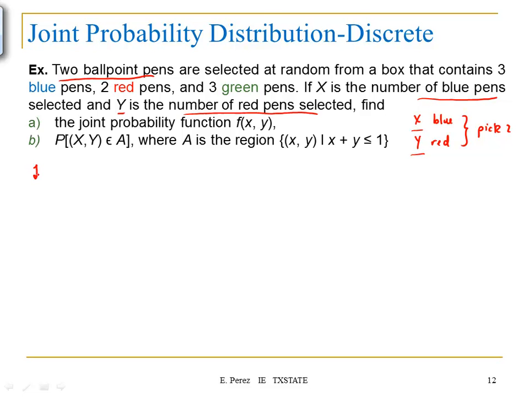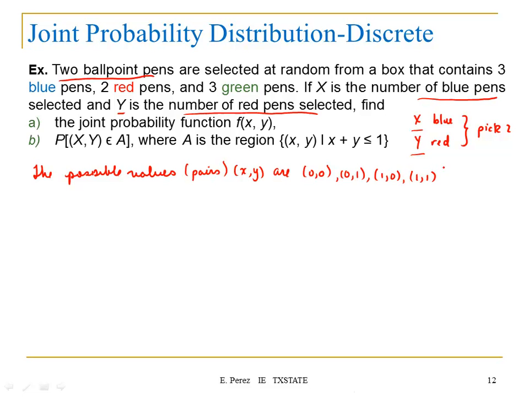So the possible pairs X and Y are (0, 0), (0, 1), (1, 0), (1, 1), (0, 2), and (2, 0).